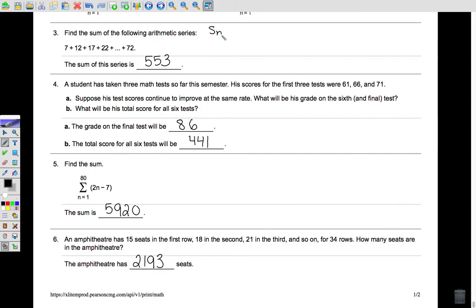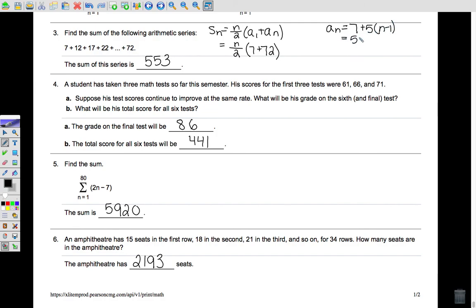For 3, to plug into this formula, you need to know those three things still. How many terms? The first term plus the last term. Right away, you know the first term is 7, the last term is 72. To figure out what term number 72 is, use the explicit formula for an arithmetic: first term, common difference is 5 times n minus 1.